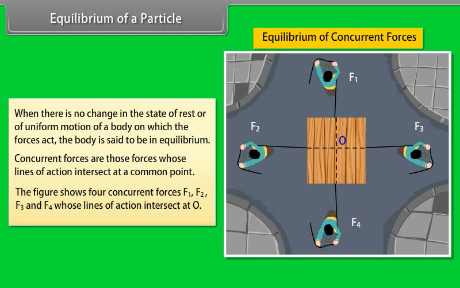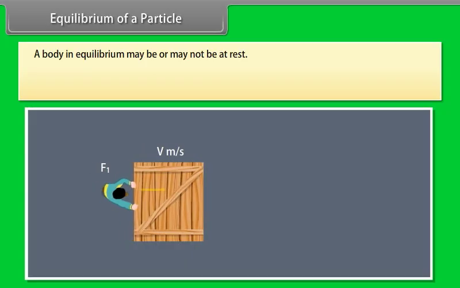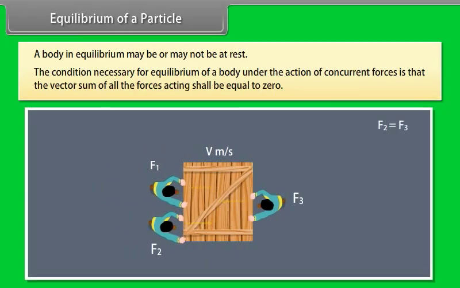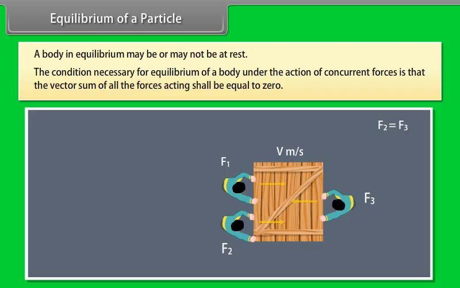The figure shows 4 concurrent forces F1, F2, F3 and F4 whose lines of action intersect at O. A body in equilibrium may or may not be at rest. The condition necessary for equilibrium of a body under the action of concurrent forces is that the vector sum of all the forces acting shall be equal to 0.